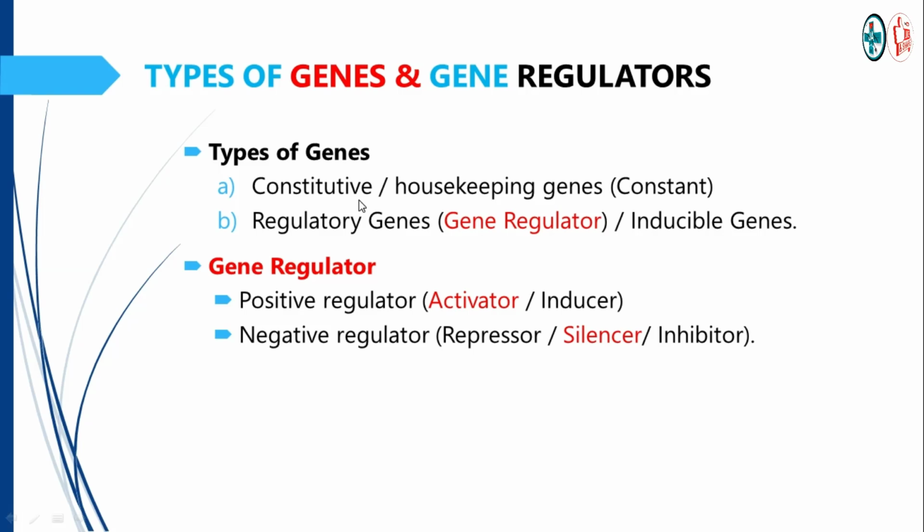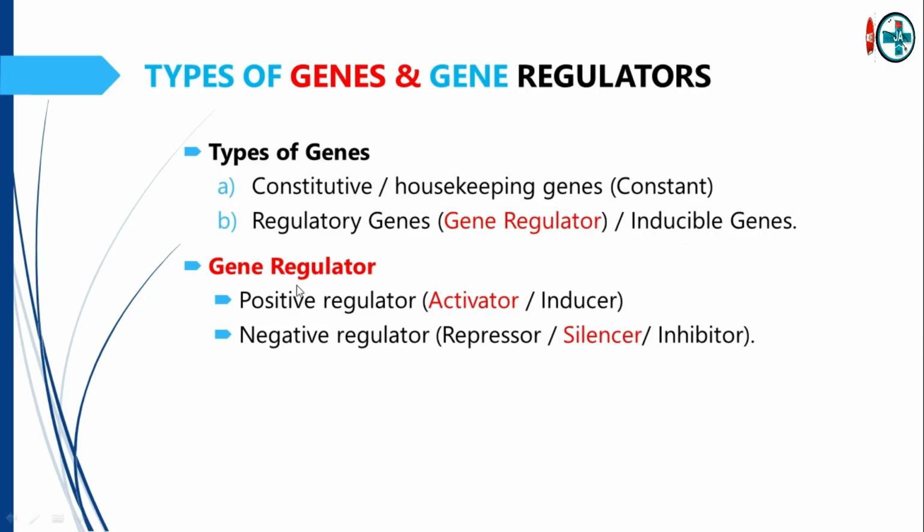These genes are expressed at a constant rate, for example, the enzymes of the citric acid cycle. Another one is regulatory genes, that is, inducible genes. They are expressed only in special circumstances. For example, genes for gluconeogenesis will be inhibited in a normal situation, that is, after food. But these genes are activated during fasting or starvation.